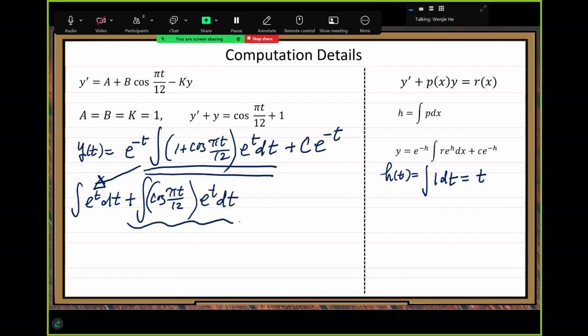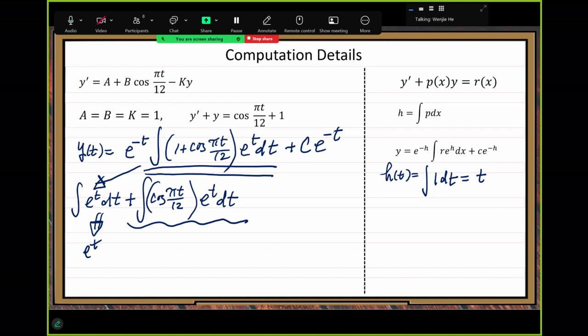The question is how to calculate this integral. The first one is trivial, e to the t. You don't worry about it. But the only question is how to calculate the second one.